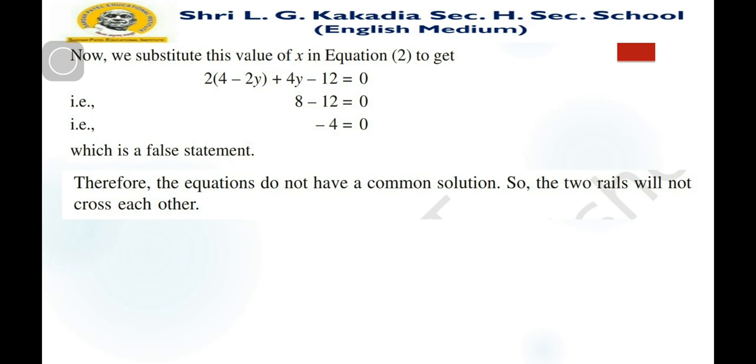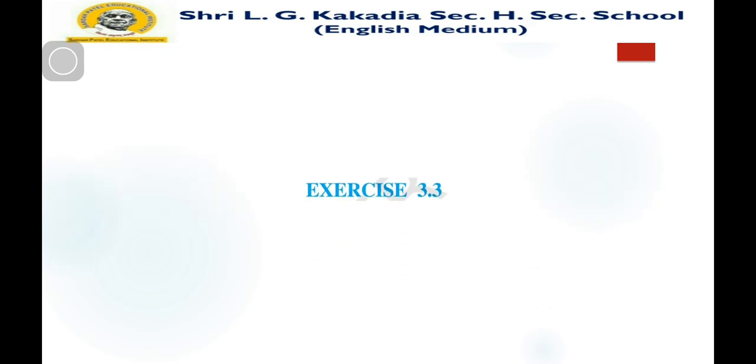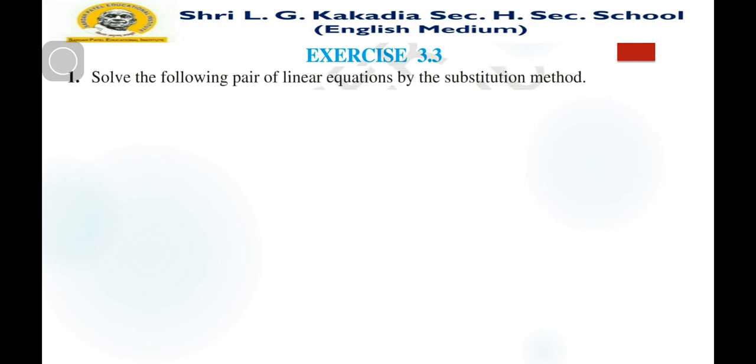Now we solve exercise number 3.3. There are some examples related to this method, so let me solve them. Solve the following pair of linear equations by the substitution method. Here we take some examples and the remaining examples you have to solve.